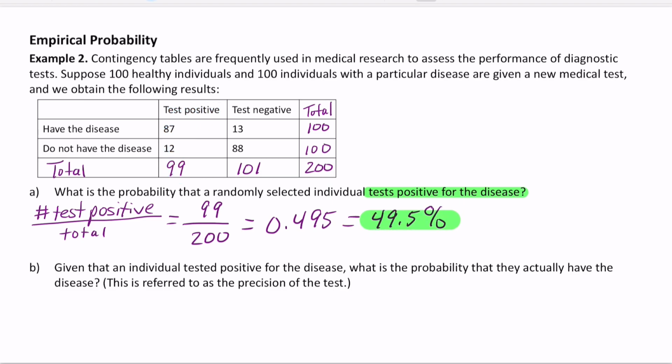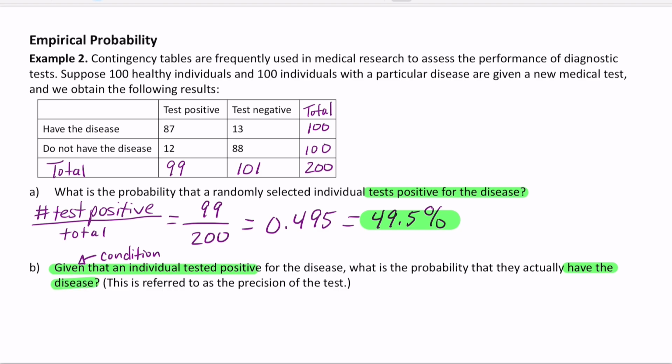Given that an individual tested positive for the disease, what is the probability that they actually have the disease? This is referred to as the precision of the test. Given that an individual tested positive is our condition, so that narrows down our sample, but we're looking for people who have the disease.